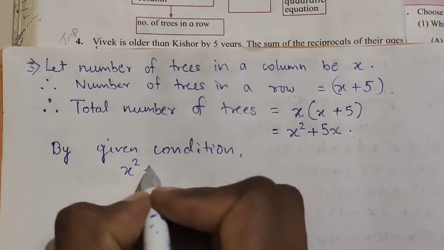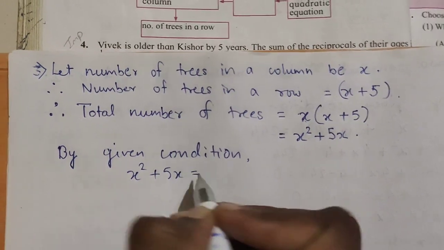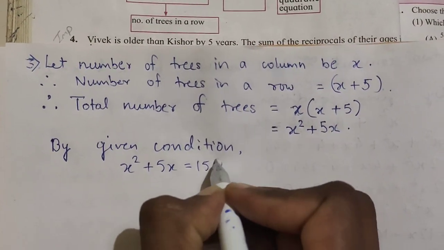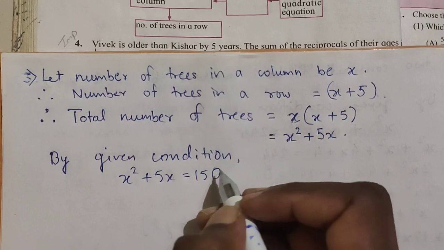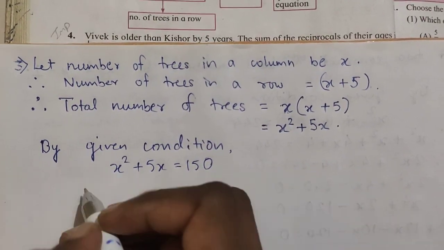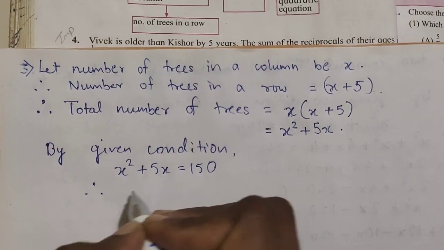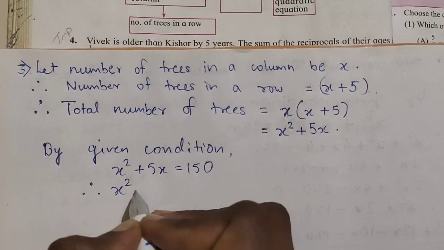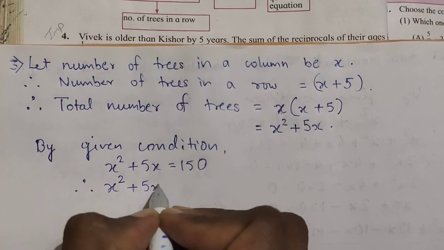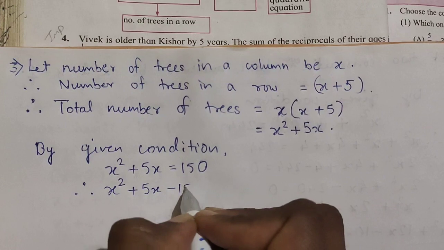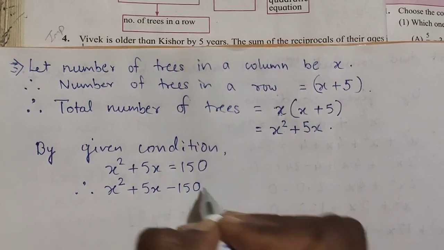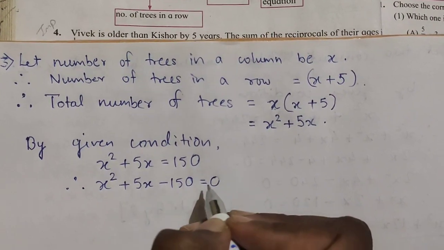That is x square plus 5x is equal to 150. Why 150? Because the total number of trees is 150. Now you can easily make it a quadratic equation: x square plus 5x. Take this 150 to the left hand side so that it becomes minus 150 equals 0.